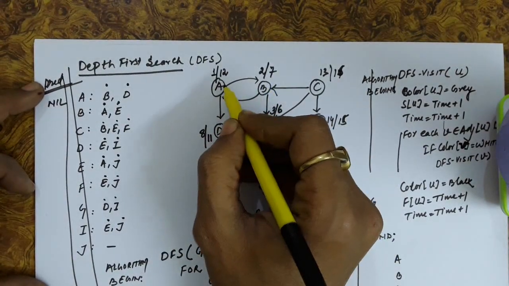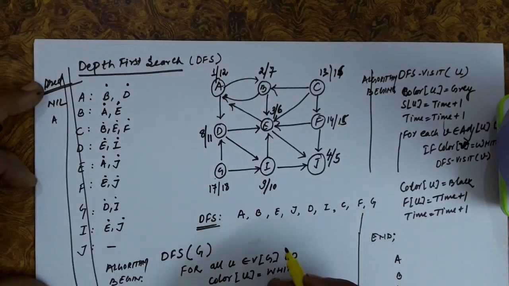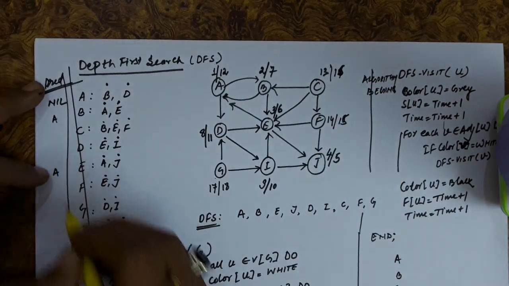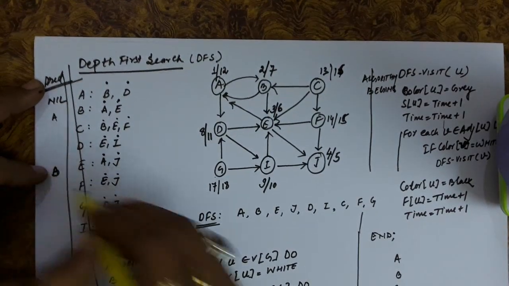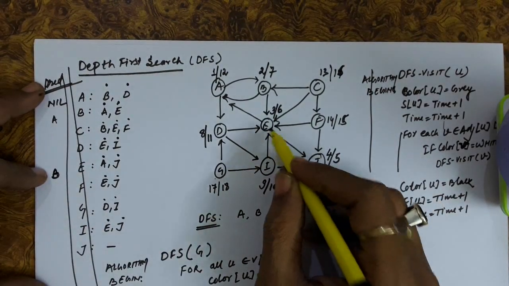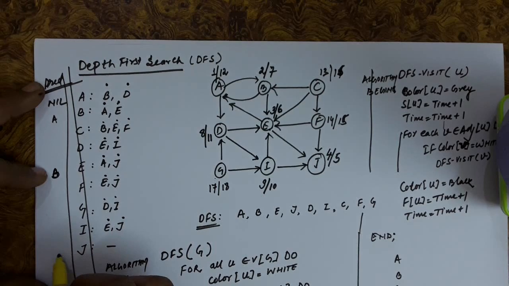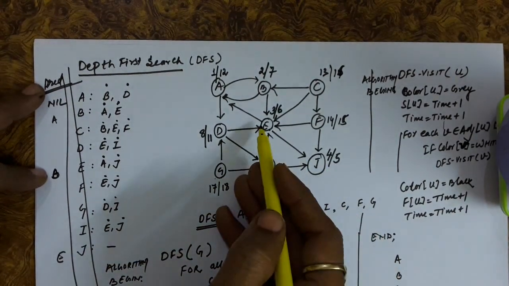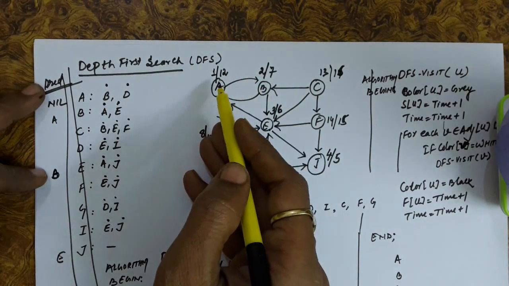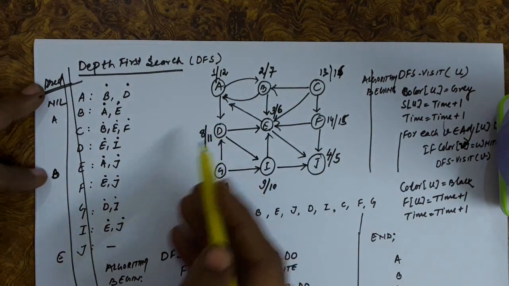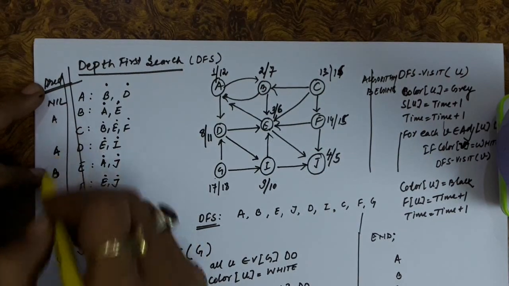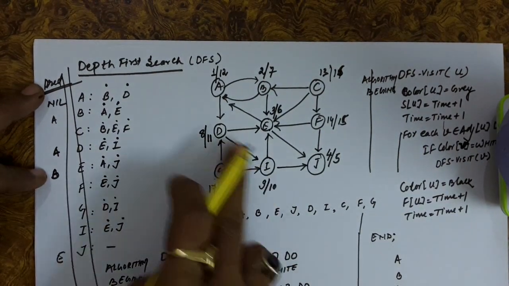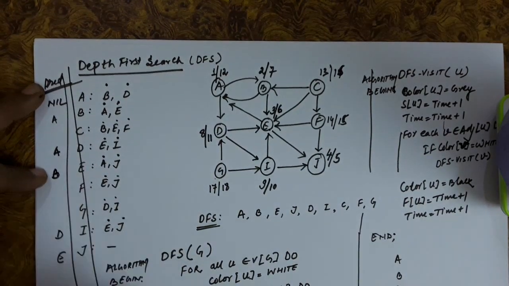B has got explored from A, so B will have a predecessor A. E has got explored from B, so E will have a predecessor B. J has got explored from E, so J will have a predecessor E. Then we are coming back, J to E, E to B, B to A. Now from A we have explored D, so D will have a predecessor A. From D we have gone to I, so I will have a predecessor D.